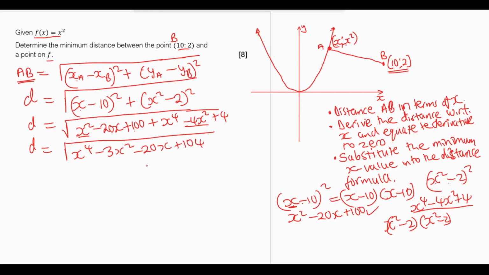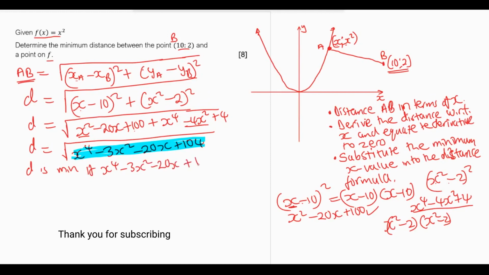Now this distance is going to be minimum when the expression underneath the square root sign is minimum. D is minimum if x to the power 4 minus 3x squared minus 20x plus 104 is minimum. So that's what we're going to derive.